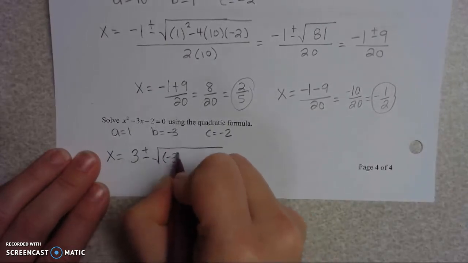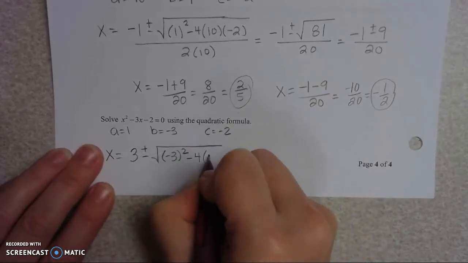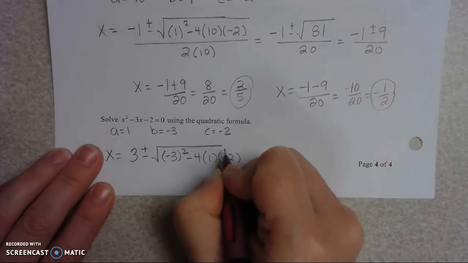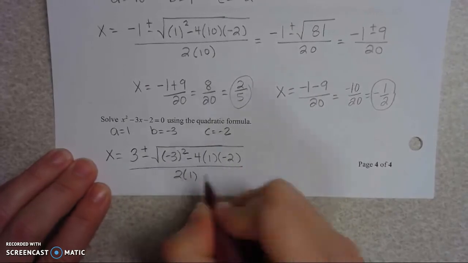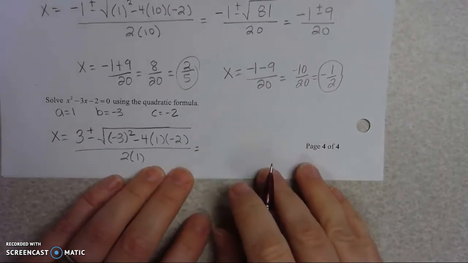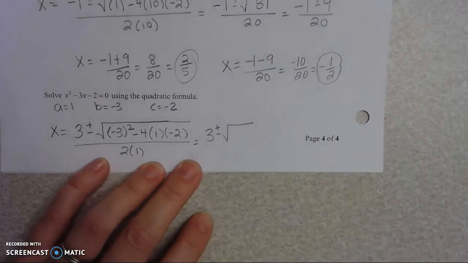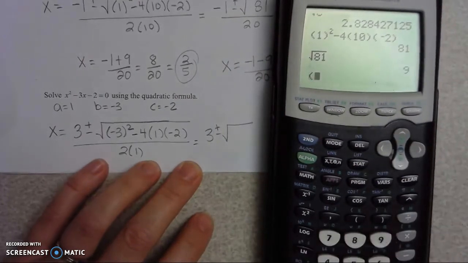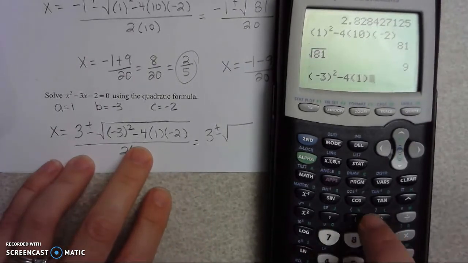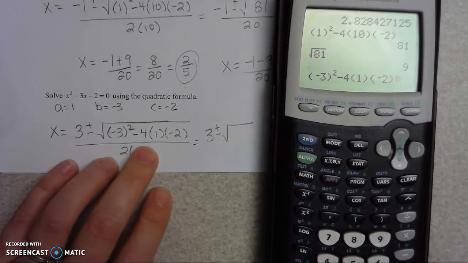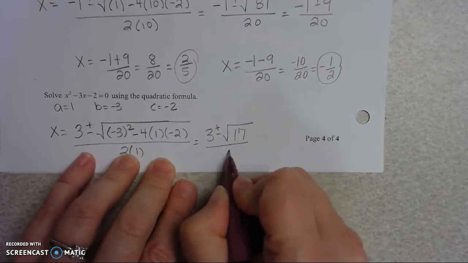Here I'm going to make sure my negative is in parentheses when I square it, minus 4 times A times C, all of it over 2 times 1. So we'll have 3 plus or minus, and in parentheses I'm going to put 3 squared minus 4 times 1 times negative 2, which gives me a 17, all over 2.